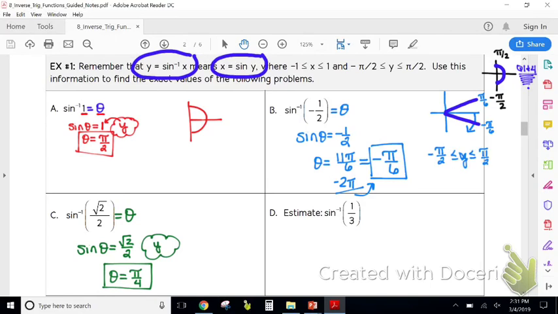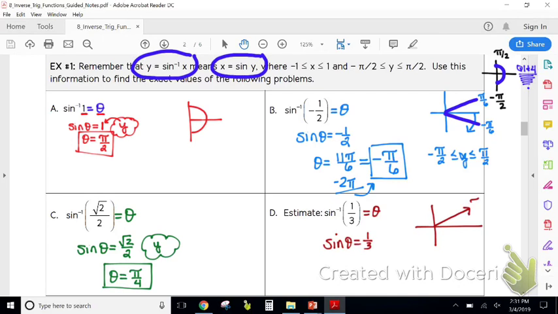All right, so let's look at D. Now it says estimate. So this means it's probably not on my unit circle, ladies. So we're going to find the inverse sine of 1/3. Well, we know this is our angle, which means that sine of what angle will equal 1/3? Well, we can get an estimation looking at our unit circle because you're looking for where y is 1/3.